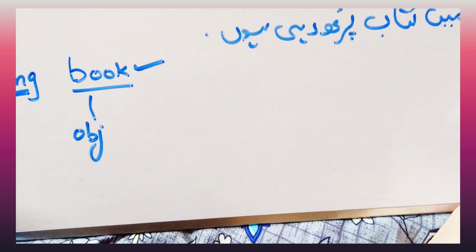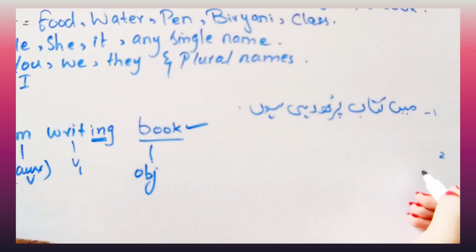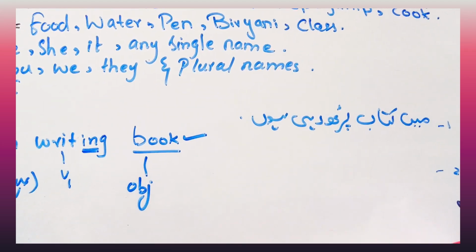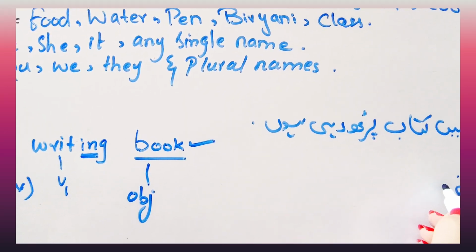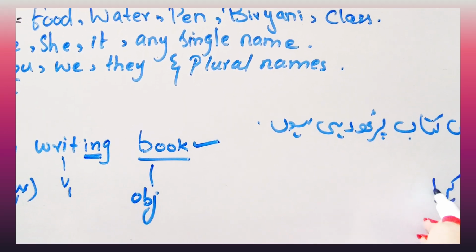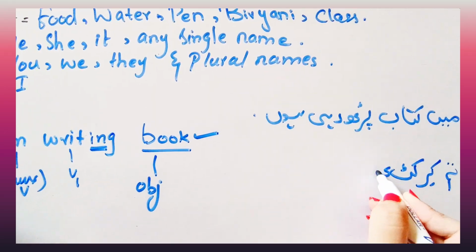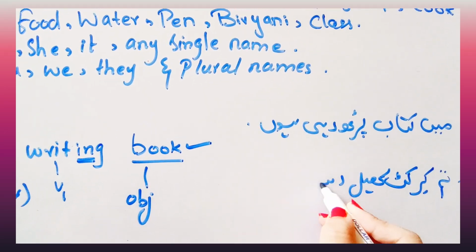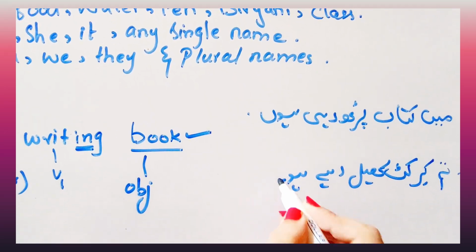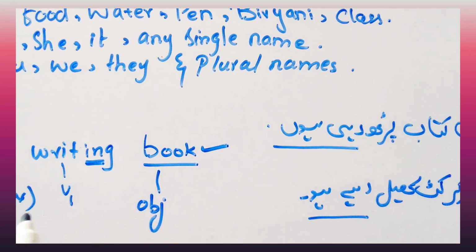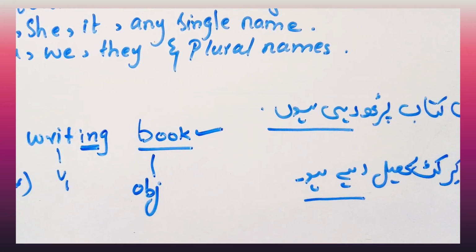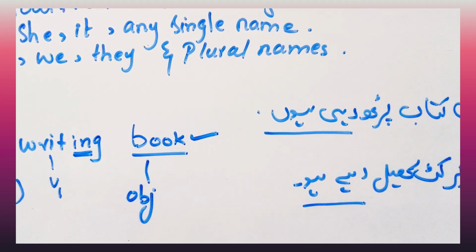Second sentence. If I say तुम क्रिकेट खेल रहे हो, this is the Urdu recognition of the present continuous tense. Raha, rahi, rahe. This is basically a sign of continuous tense.